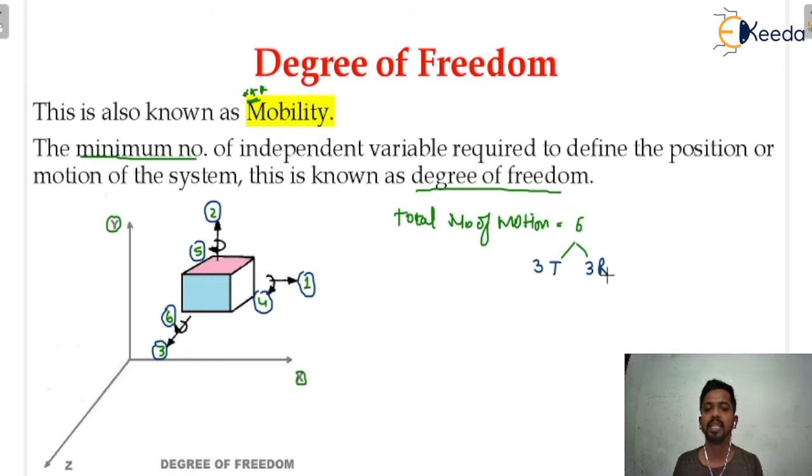So basically the total number of motions that is equal to 6. This is a combined form of 3 translatory motions and the 3 rotatory motions. Are you getting my point? So that is the basic definition of the degree of freedom. Let us understand it more deeply.